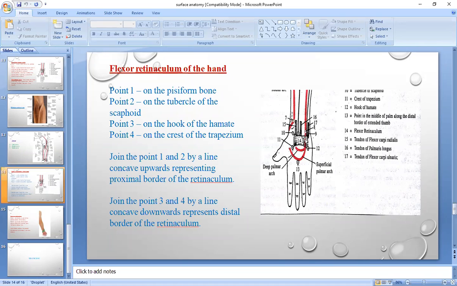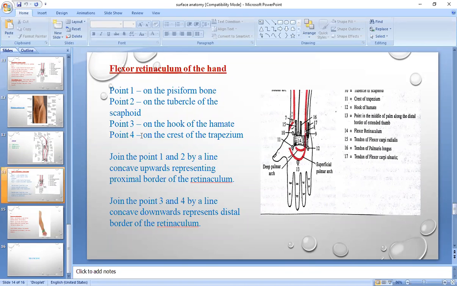Place your index finger and you are palpating one bony prominence, that is the tubercle of the scaphoid bone. So from the pisiform bone to the tubercle of the scaphoid, if you draw a horizontal line, that represents the proximal border of the flexor retinaculum.